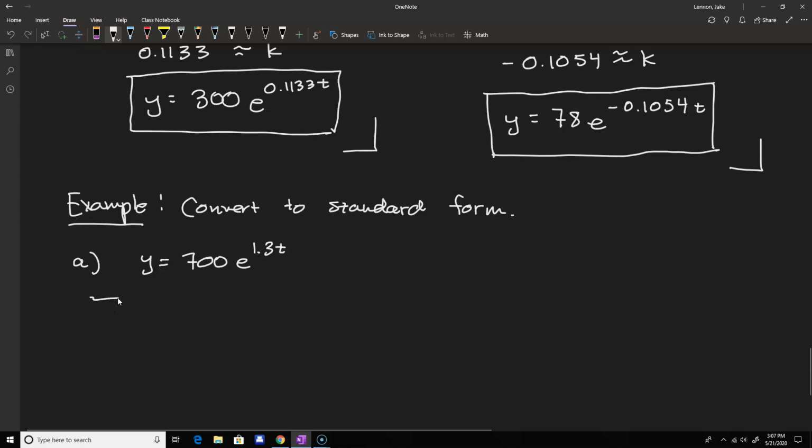Here, e to the 1.3 is our value for b. You can just punch that into a calculator and get an approximate value. If we leave it to 2 decimal places, we get about 3.67 as the value of b. So we have y equals 700 times 3.67 to the t.